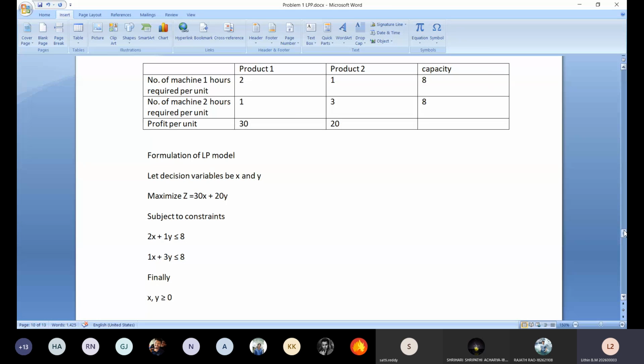Any doubt in this? Because this is very important. This may come for maybe 3 or 4 marks, formulating this LP model. This is a little complicated. You may get an easier problem, but if you have any doubt, it could be raised.